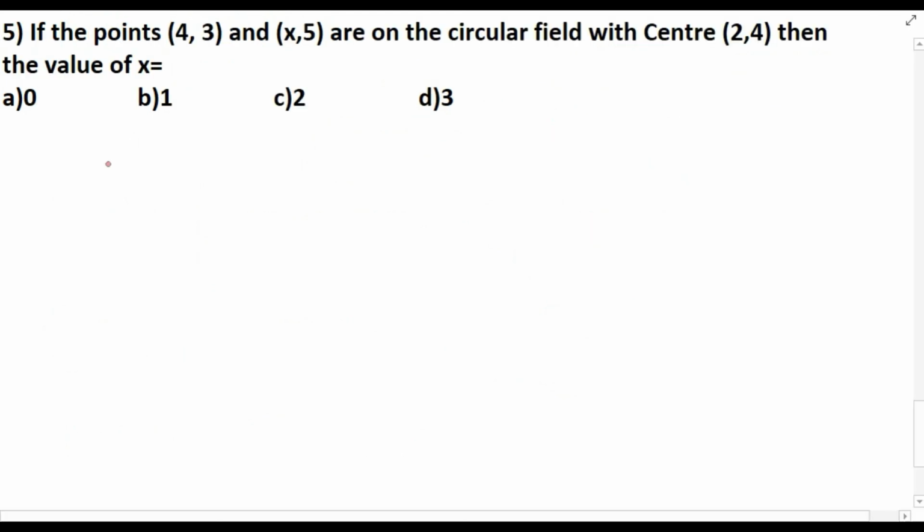Now the last question. There are 5 subparts, and you need to attempt any 4. If the points 4, 3 and x, 5 are on the circular field with center 2, 4, then the value of x. Here we can use the midpoint formula. The center is the midpoint, 2, 4, and 4, 3 and x, 5 are the two coordinates. We need to find the value of x.